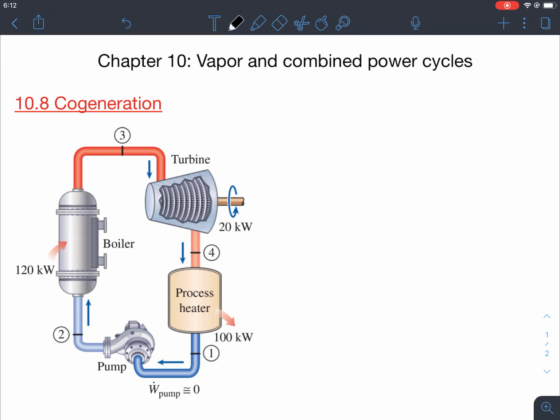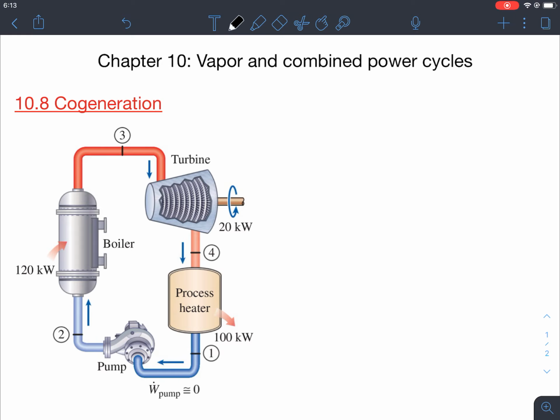Cogeneration is simply telling us that two types of generation are happening at the same time, right? One type of generation, type 1, would be the electricity production, and type 2 is process heating, right?